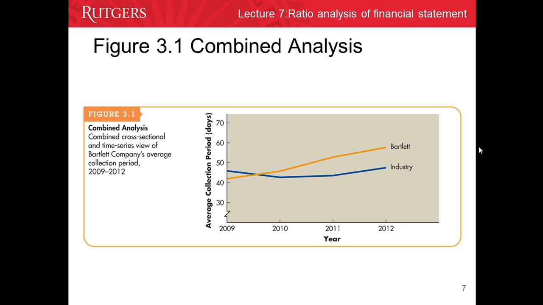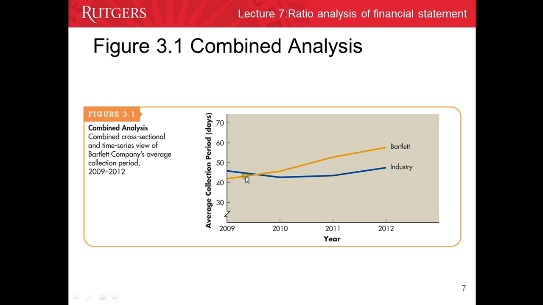This figure shows an example of this combined analysis. We can see that the company called Bartlett compares its ratios across the years 2009, 2010, 2011, and 2012. So this is the time series analysis. And also it compares its ratio to the industry average.